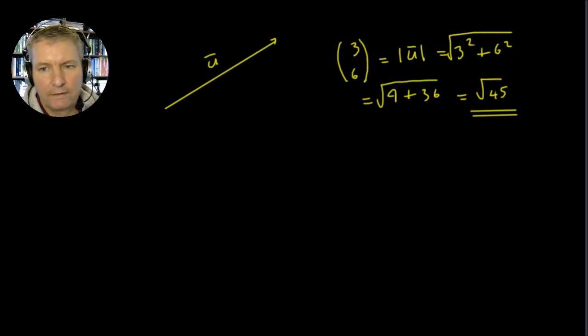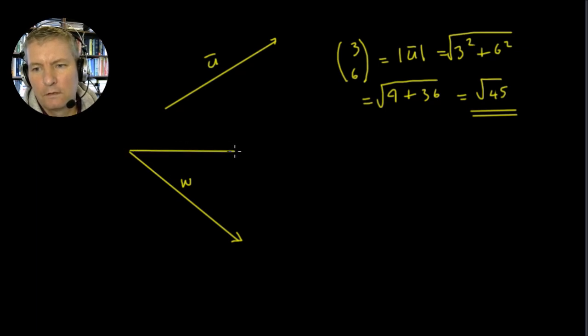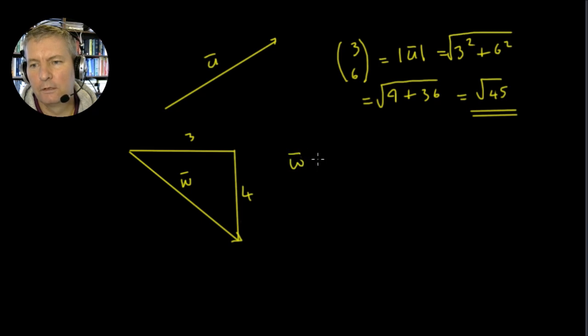So let's say we're given this vector here, and this is vector w, and we're told that we go along 3 and we go down 4, and we're asked to find the magnitude of this vector. So we could write it in component form. We could say w is equal to, well, we come along here, so a distance of 3, and we come down a distance, so it's going to be minus 4.